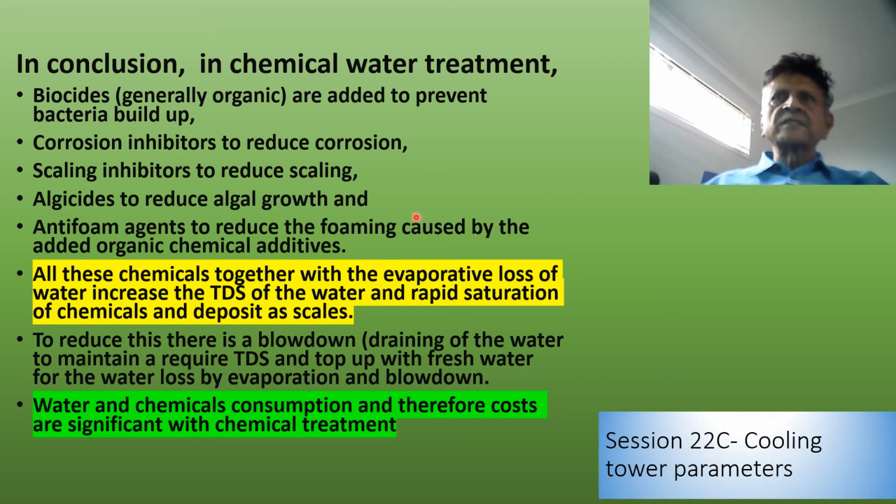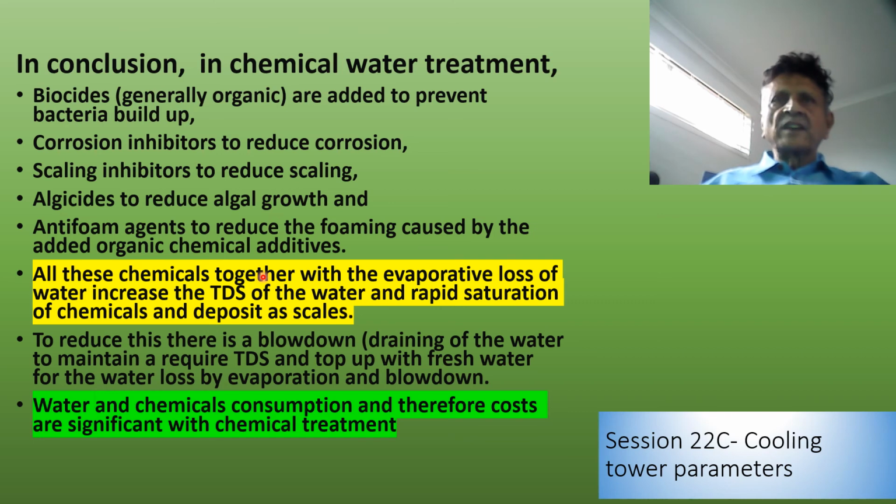All these chemicals together with the evaporative loss of the water increase the TDS of the water, and then when it becomes saturated with chemicals, they deposit as scales. In order to reduce the TDS, we have to do a blowdown.